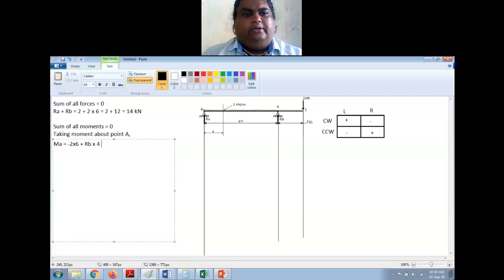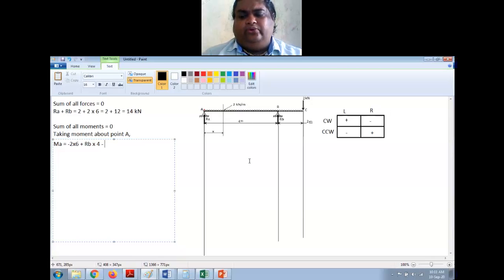Correct? Now again I see this UDL is also acting vertically downwards. So it will carry the same sign as that of this 2 kilonewton. So this is negative. So this will also be negative.